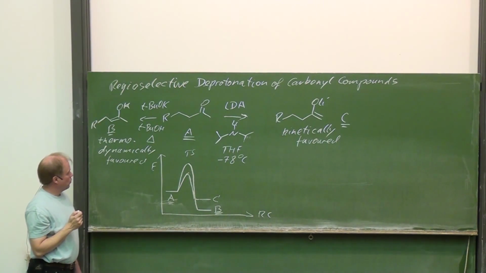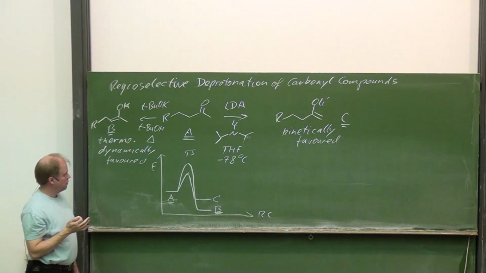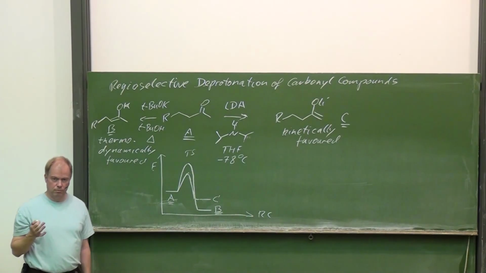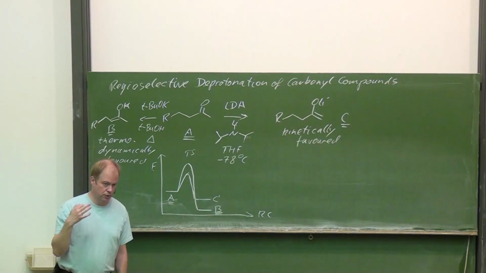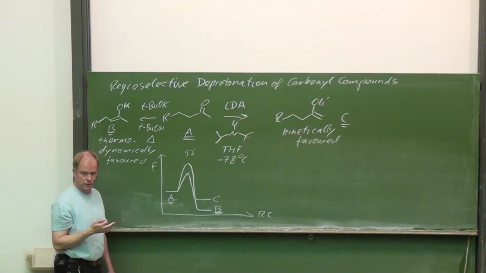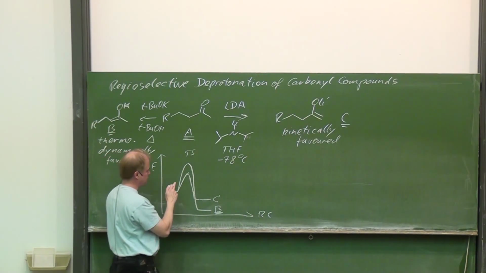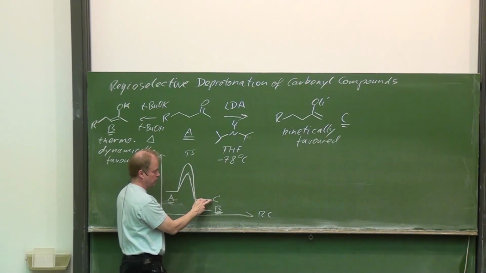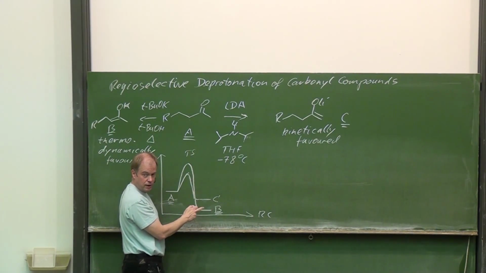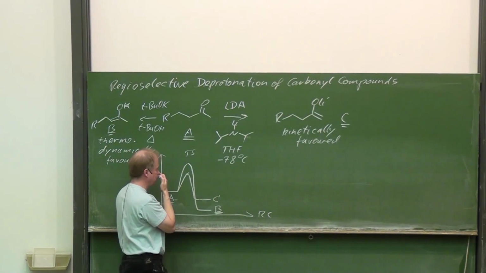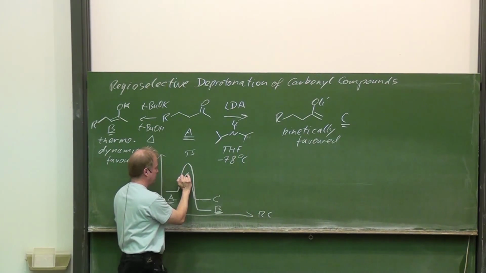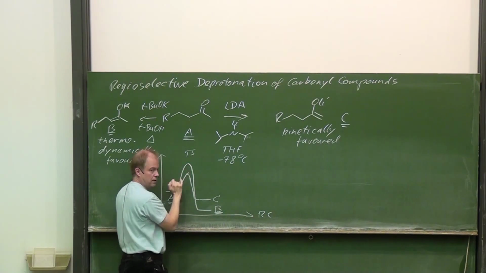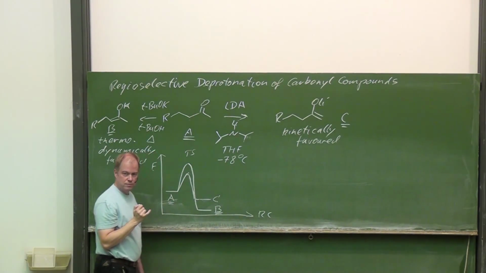Well, what would happen if we use a very small base, potassium or sodium methanolate, for instance? Then it wouldn't make much of a difference whether we get to product type C or product type B. If we have a small base, the difference in energy barrier is much smaller.